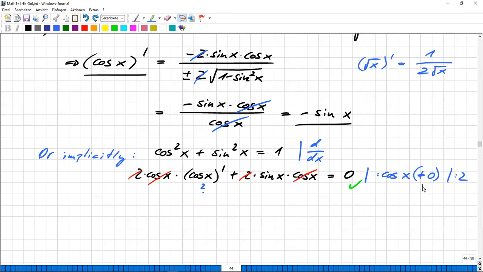Now, what remains is cosine of x prime plus sine of x is equal to 0 for all values of x. If I just isolate the cosine of x prime, I get cosine of x prime equals negative sine of x in the next step. Okay, so that's just another way of getting to this same result.